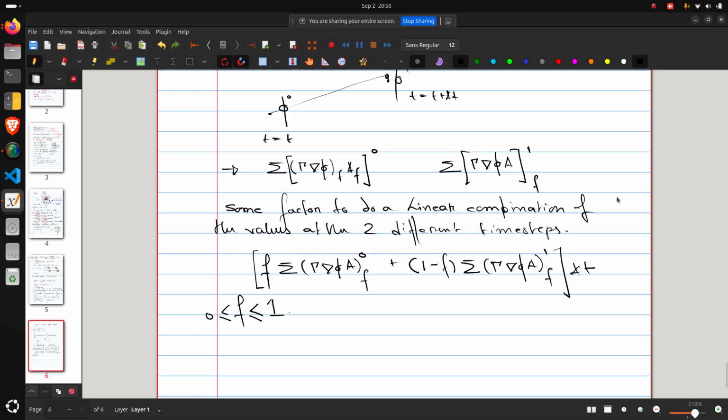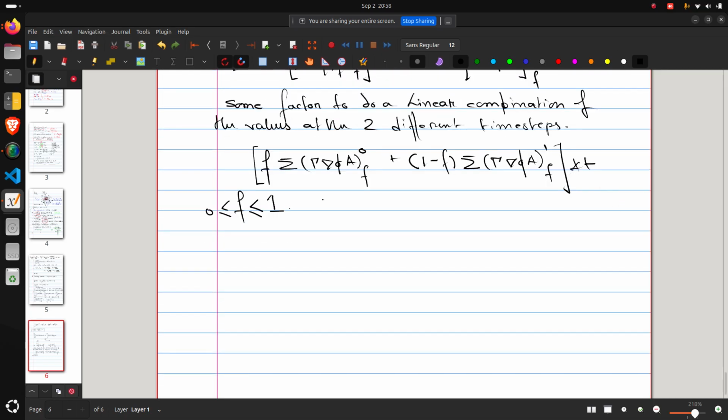So this dt will become delta t, which is the discrete time step.